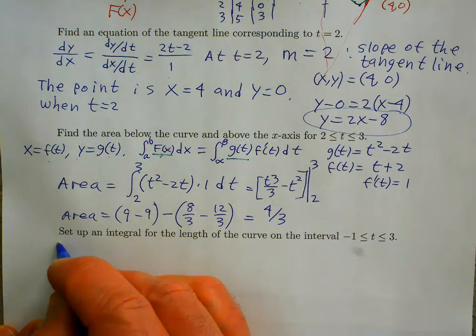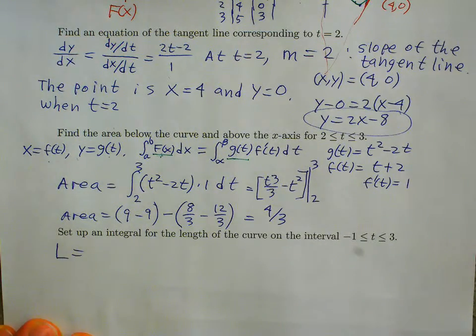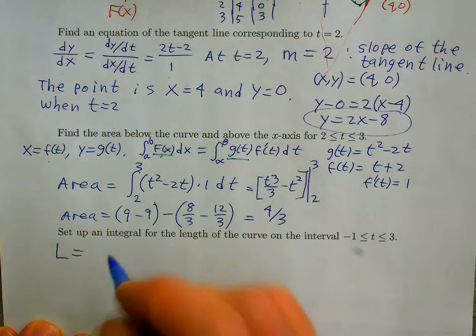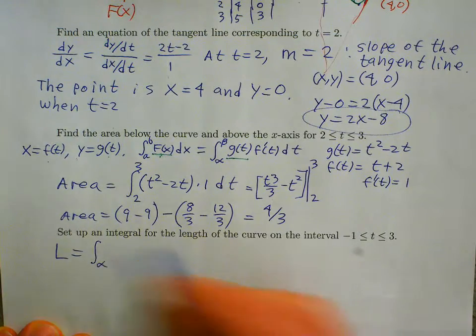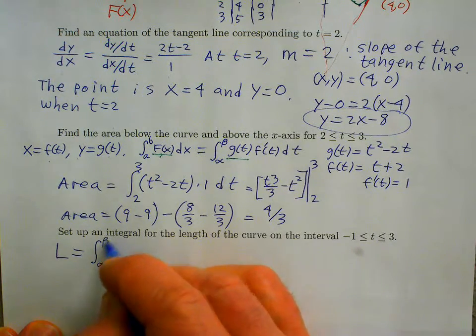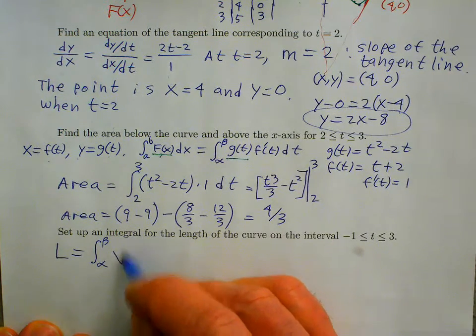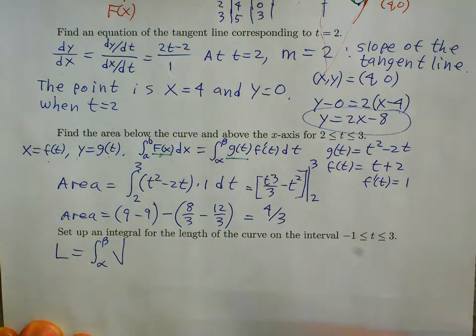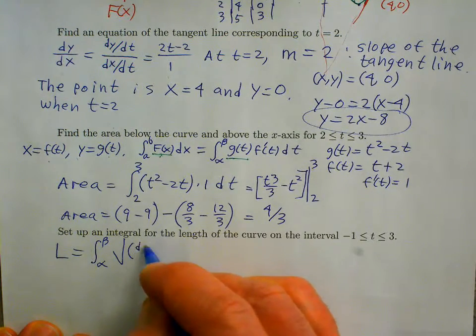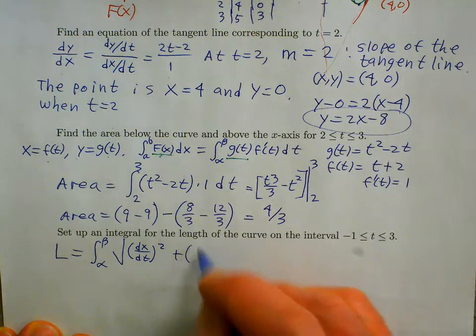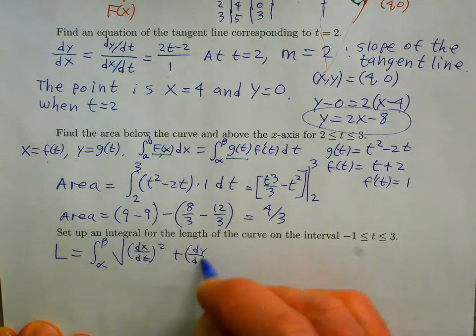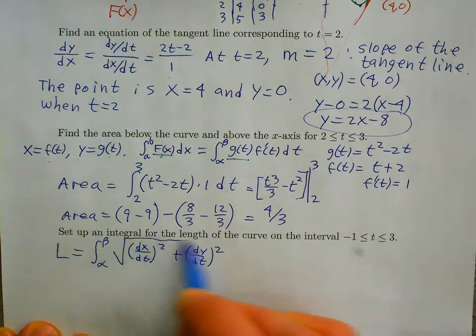So a few weeks ago, we learned the arc length of a parametric curve, here's the formula for it, the definite integral from alpha to beta, and the integrand is the square root of dx dt squared plus dy dt squared dt.